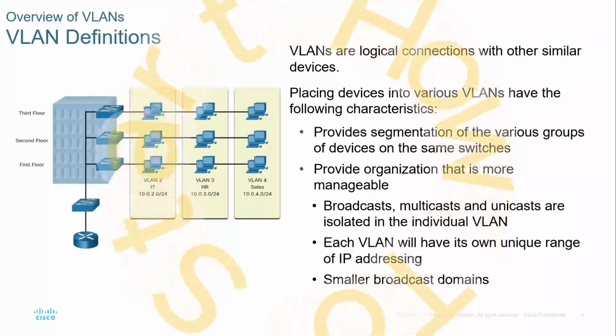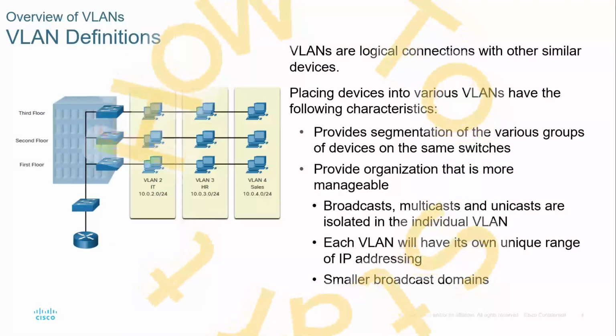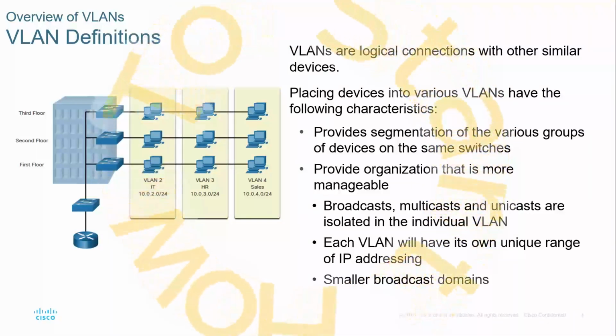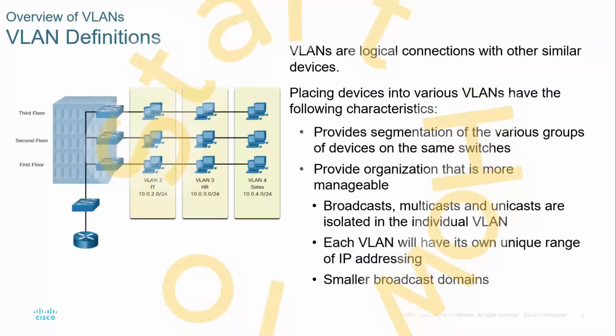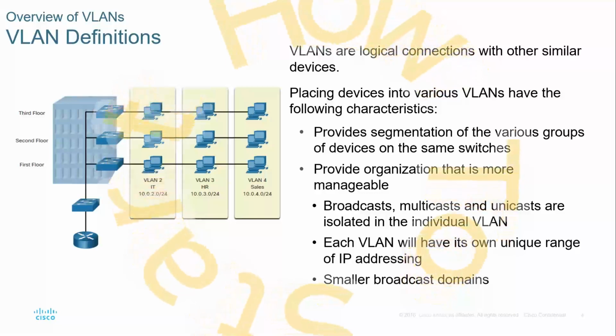What is interesting here is if we have a VLAN that requires additional security, like HR or accounting, we can control traffic to those VLANs. And so that's one of the benefits of the separation of traffic.